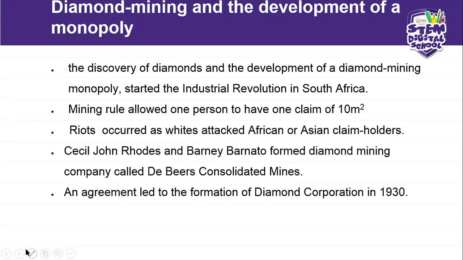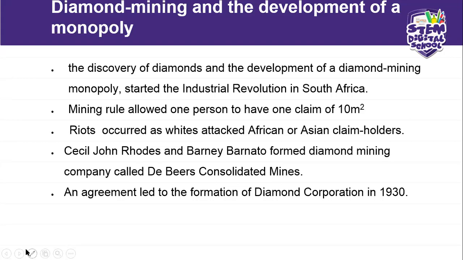An agreement led to the formation of Diamond Corporation in 1930. So that is what was happening in the mining area in South Africa, in the Northern Cape.